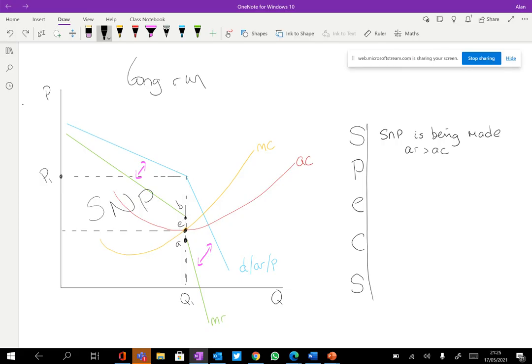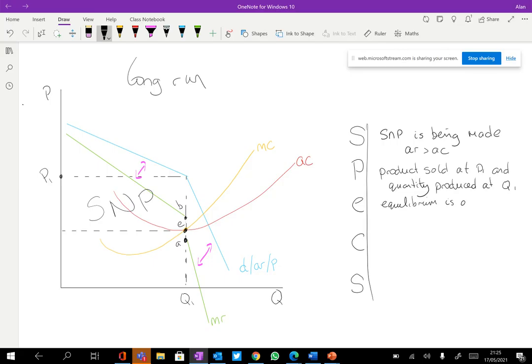P, what does P stand for? Price. So product sold at P1, which we've marked over there, and Q, quantity produced at Q1. Perfect. E, what does E stand for? E stands for equilibrium. Equilibrium is at what point?